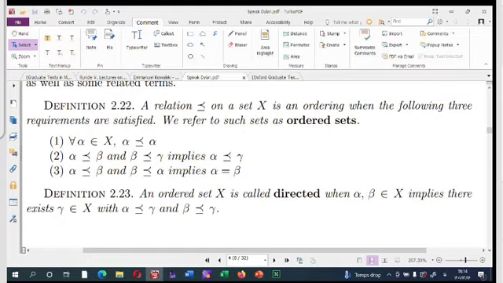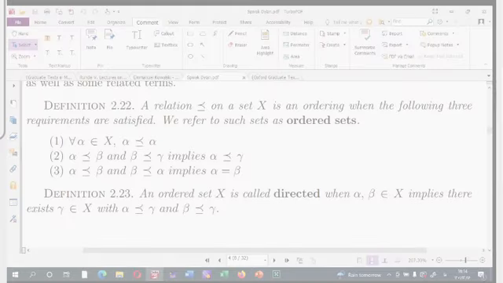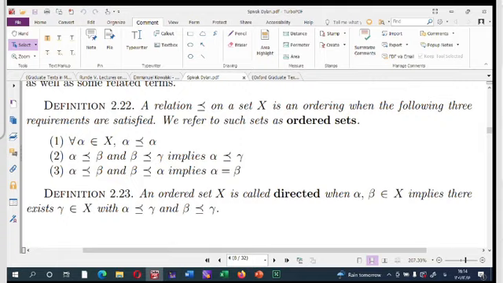These three conditions: for any alpha in X, we have this relation. If alpha and beta have this relation, and we have these two conditions, then alpha equals beta.